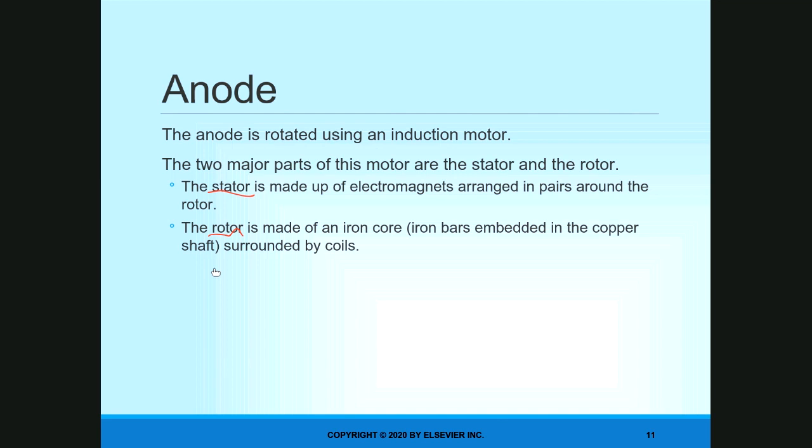So the rotor and the stator do not touch, nor does the rotor have any electricity supplied to it. One is inside the glass envelope, which is the rotor, and the stators are outside the glass envelope.